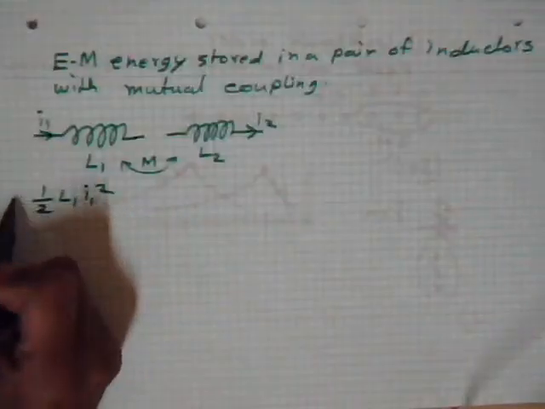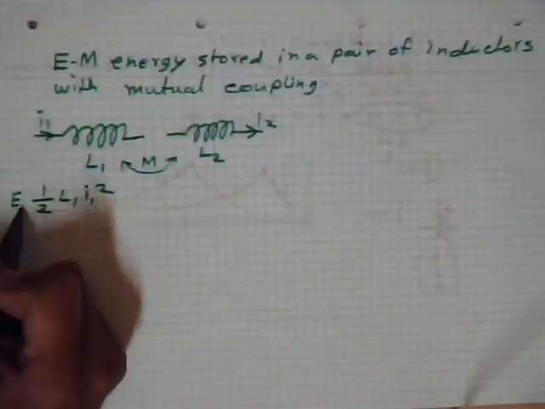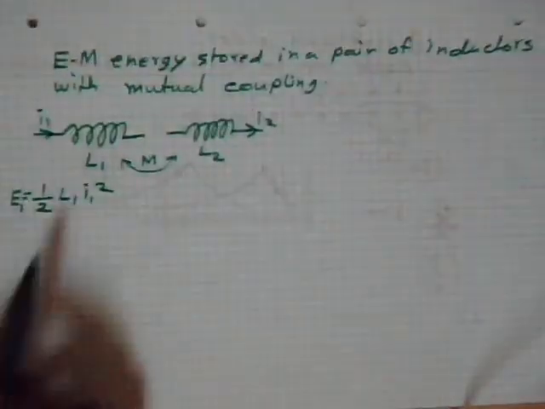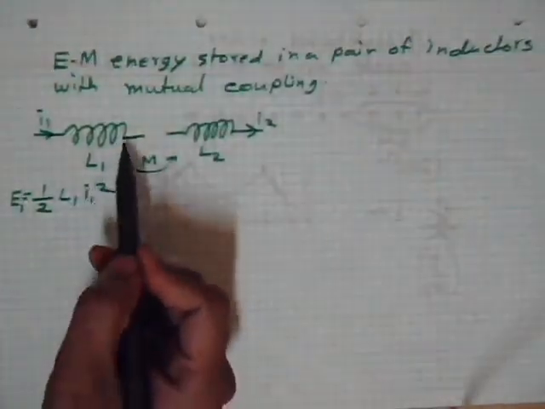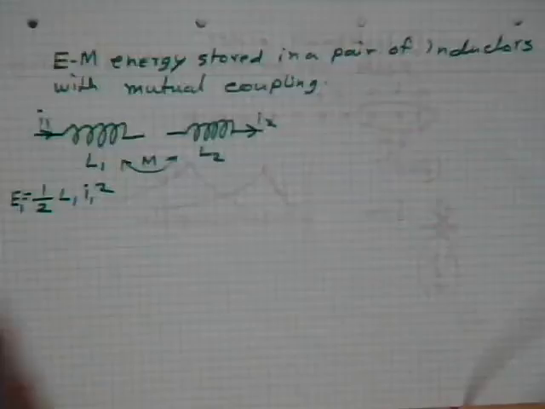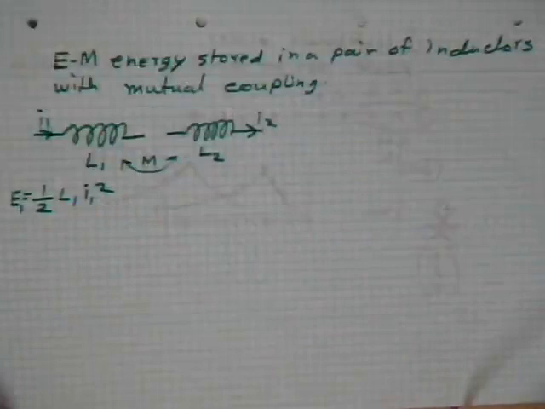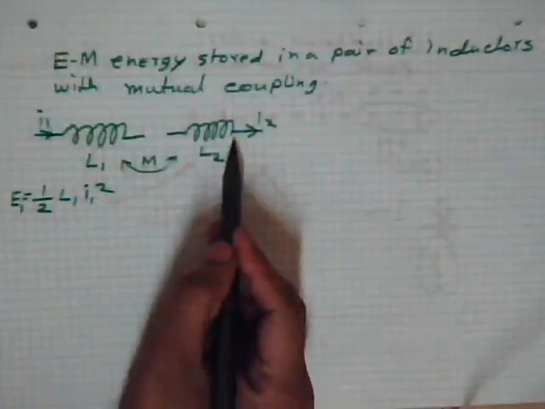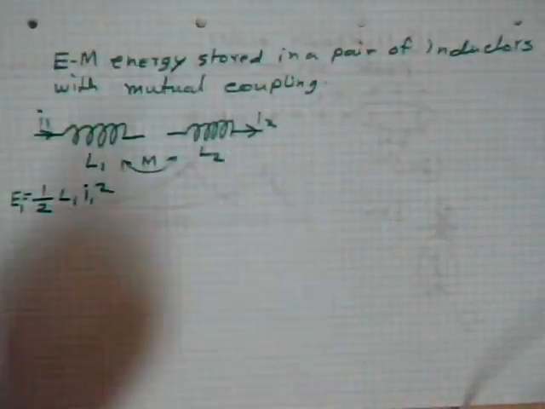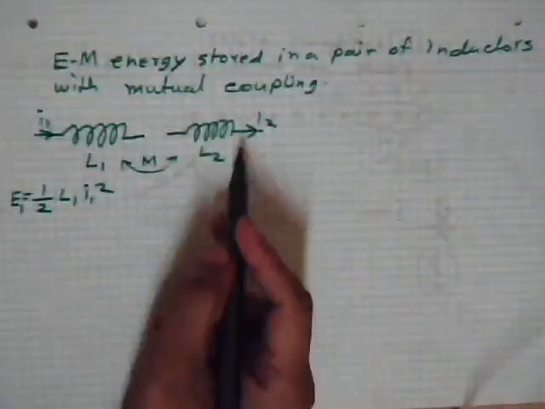So let me call this E1. This is the energy stored in the electromagnetic form when current is increased from 0 to I1 in the first coil. Now I do the same thing here. I increase the current from 0 to I2 in the second coil.